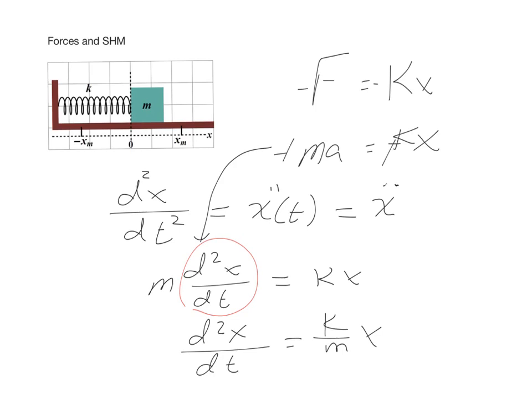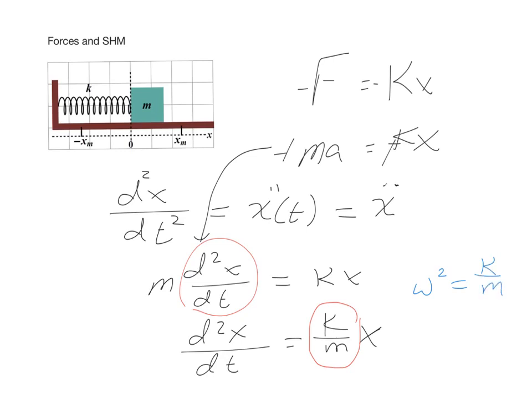All we're doing here is getting a form of a differential equation, and the important part is this factor right here and how it's organized. If we look at the previous equation, we found that this value was omega squared.